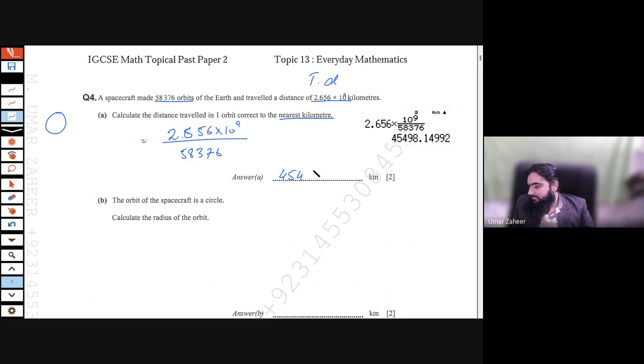It is 454,98, and you have to round off to 2 kilometers. 98 kilometers. Everyone, is it clear? Yes, sir.